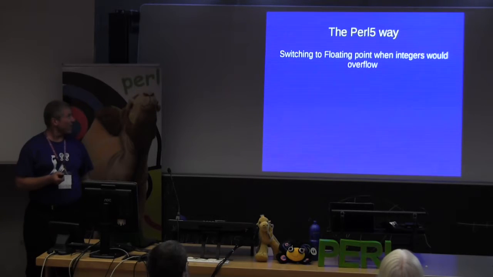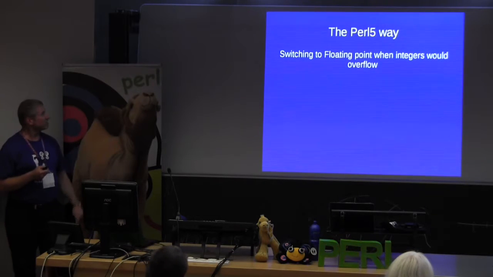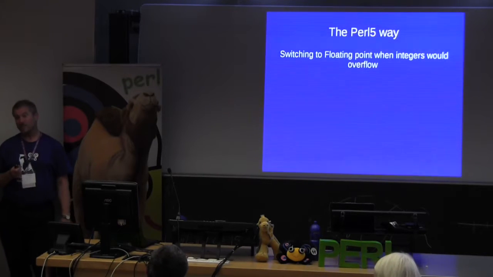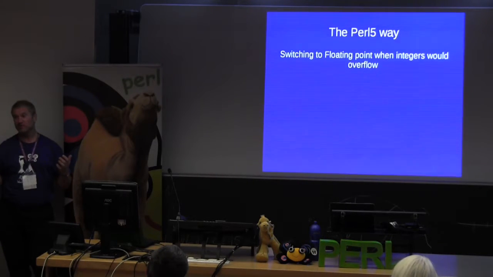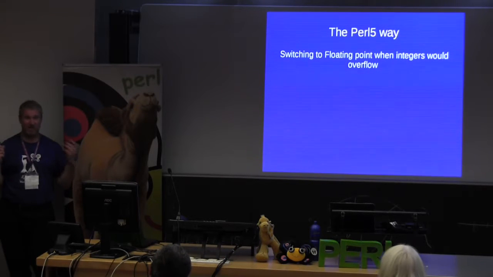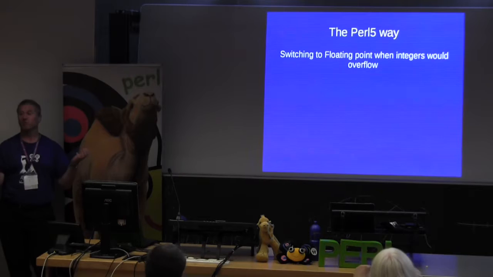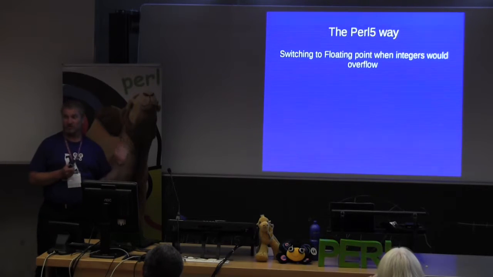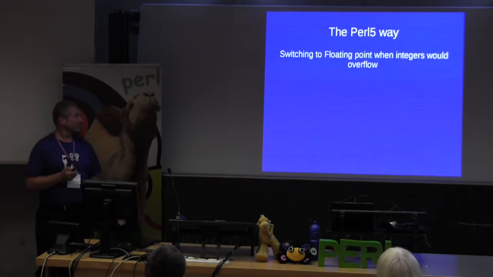Okay, so we just looked a little bit more at this floating point thing. It's of some relevance because all of us have to deal, whether we like it or not, with JavaScript. And JavaScript, at least to my knowledge, is using floating point all the time. Then we should understand how we can express integers with floating point, just for the sake of JavaScript, and also because Perl 5 does it.